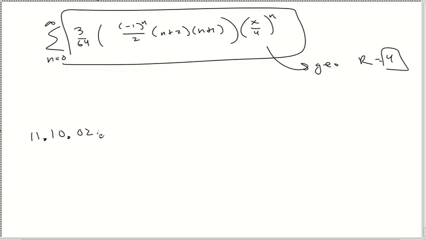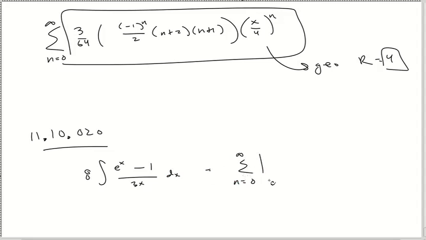Let's do it here. So I have 8 times the integral of (e^x minus 1) divided by 3x dx. I want to make sure we're understanding this: this is e to the x, minus 1, so not all in the power. And they say that this is equal to the summation of n equals 0 to infinity. Oh, whoa, I'm wrong. It's 1 to infinity.